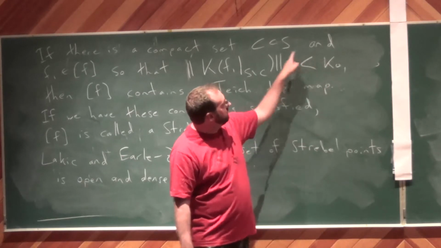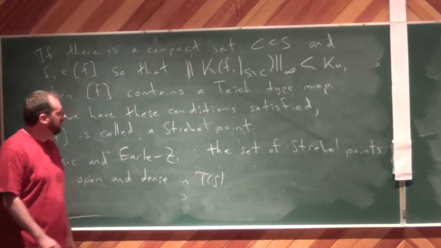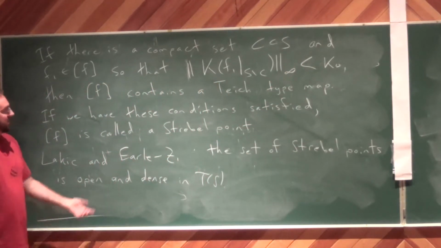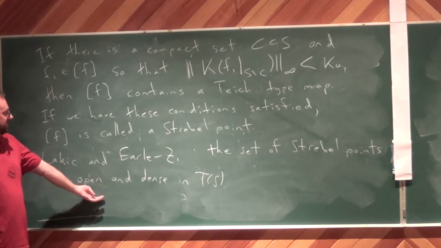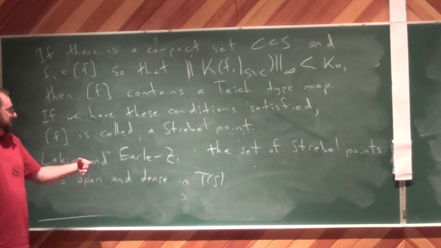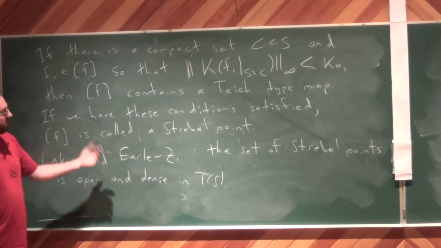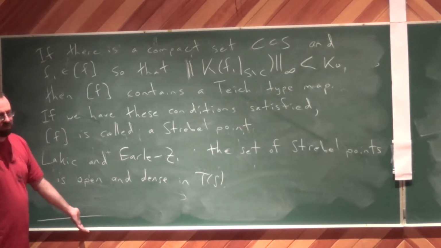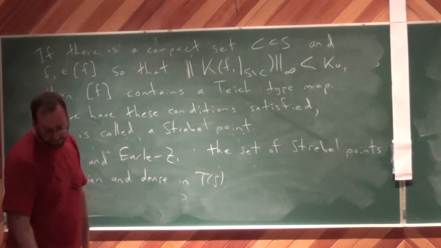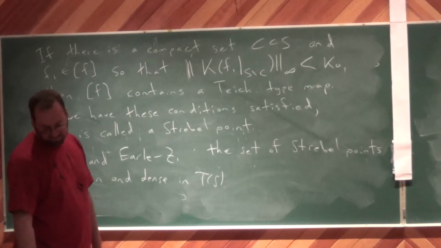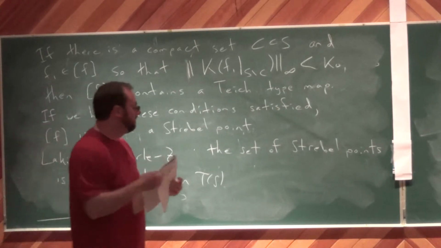So this is not a strict inequality, and the base point is not a Strebel point. On the other hand, the set of Strebel points is open and dense in Teichmüller space, but the set of points that aren't Strebel points form a perfect set, so there are Strebel points, but there are points which are not Strebel points.